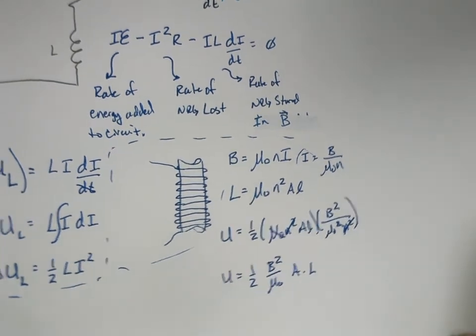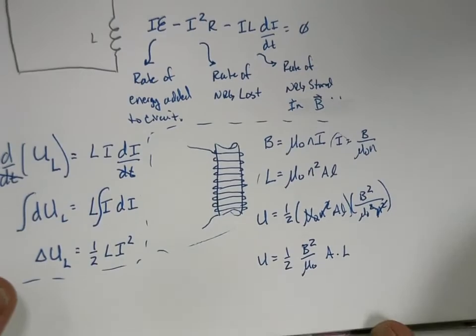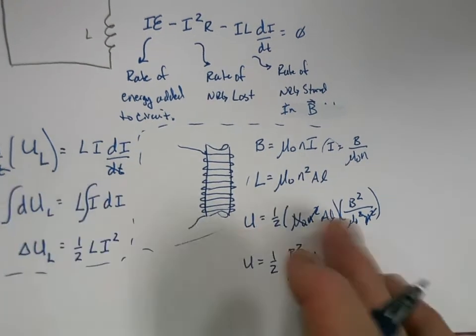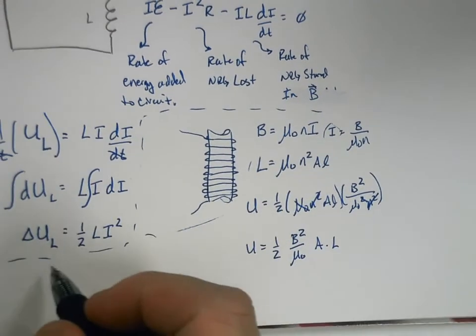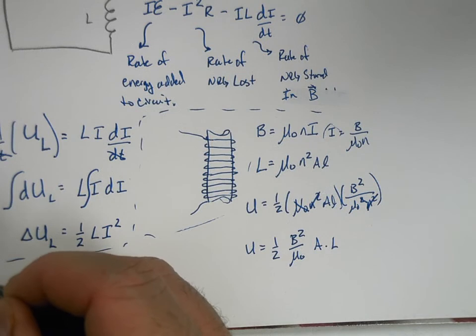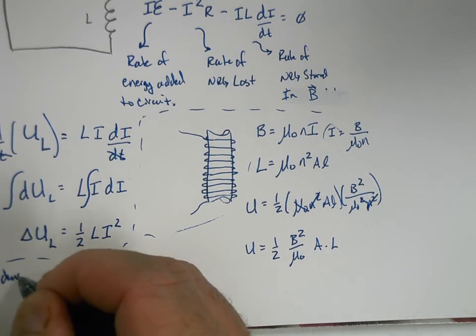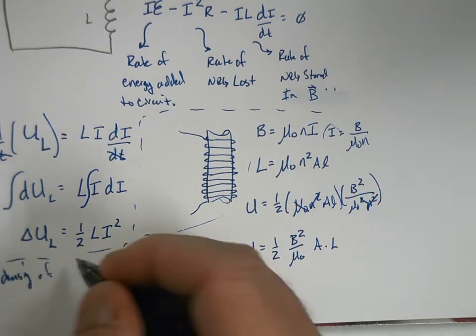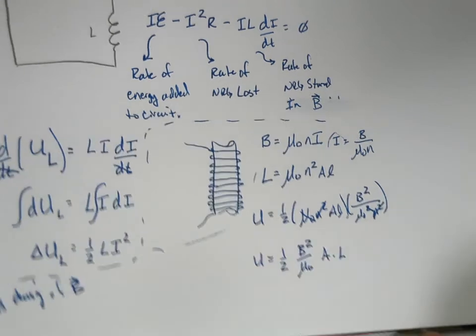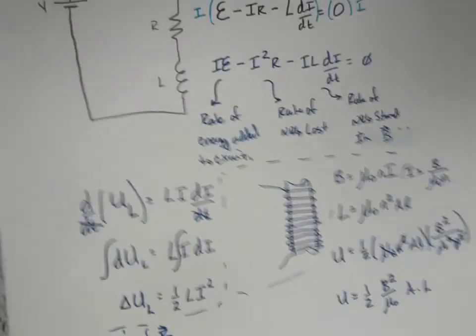Now, however, and we've talked about this a little bit before with our electricity, we're going to look at the energy density. We're going to calculate the energy density of our magnetic field.